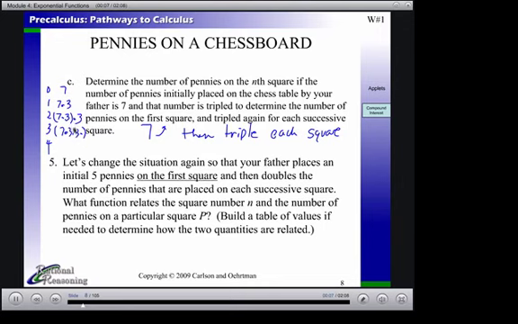There's 2 3s. Take what we had before, which was 7 times 3 times 3, and triple it.